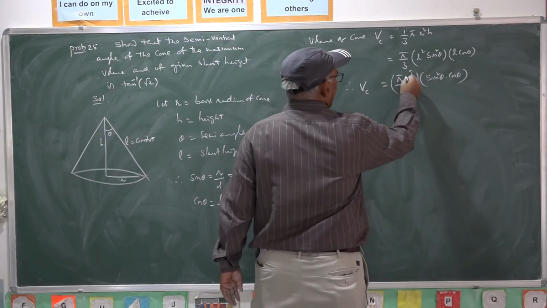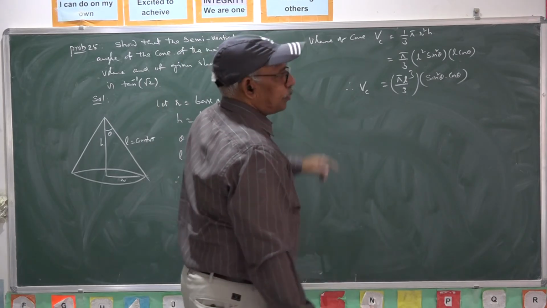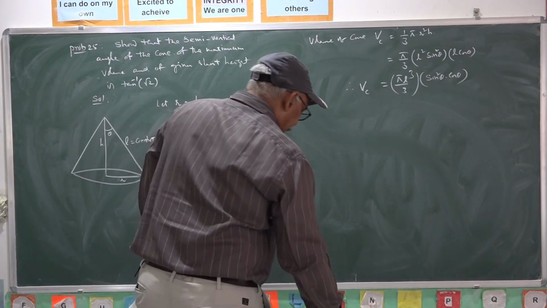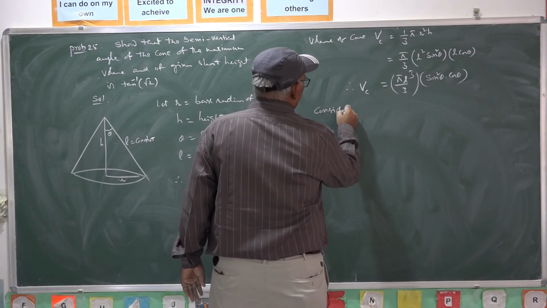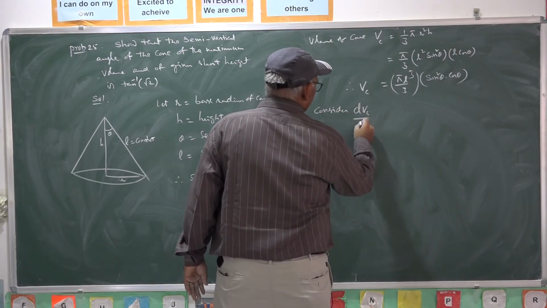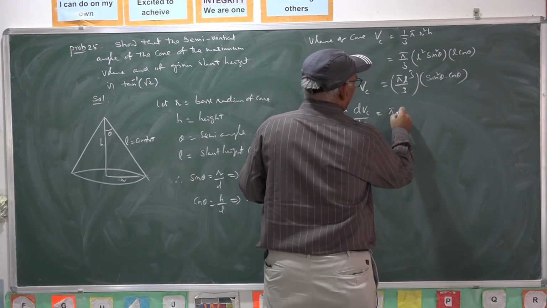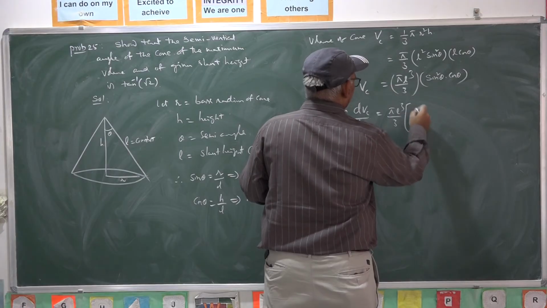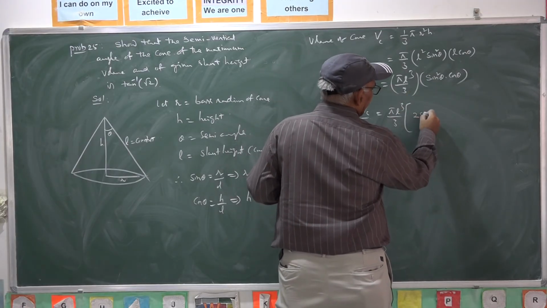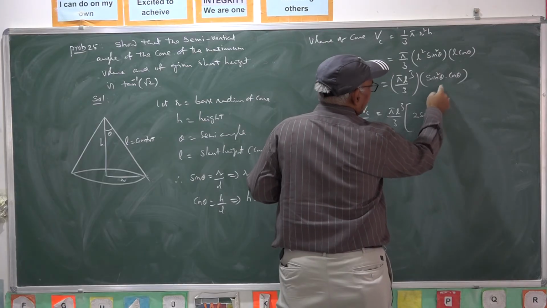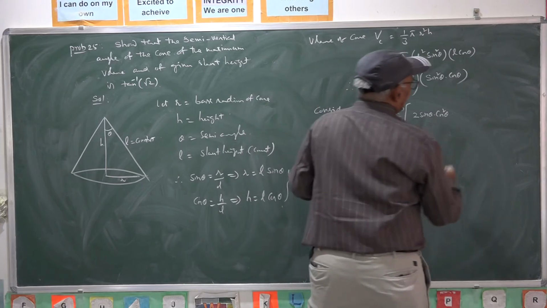Now you have to maximize this volume. To maximize this volume, consider dV by d theta, that is pi L cube by 3 into the derivative of sin square theta, 2 sin theta cos theta, and cos theta already exists, hence cos square theta.